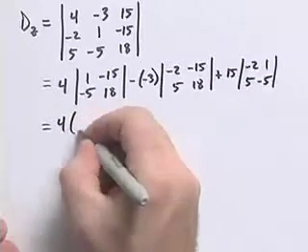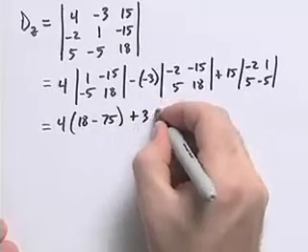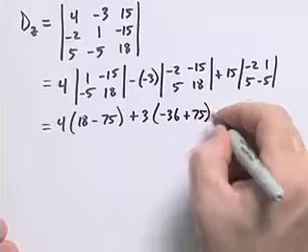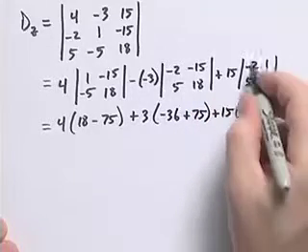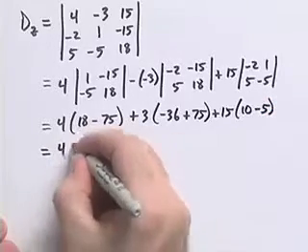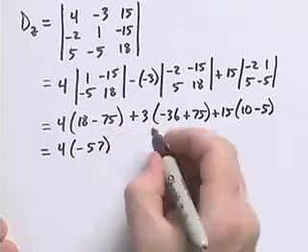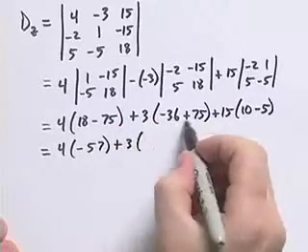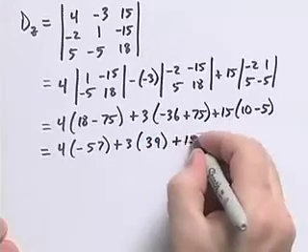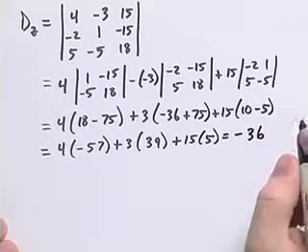So here we'll have 4 times 18 minus 75, plus 3 times negative 36 plus 75, plus 15 times 10 minus 5. That gives us 4 times, now 18 minus 75, it's going to be negative 57, plus 3 times, negative 36 plus 75 will be 39, and then plus 15 times 5. Evaluate that out, we'll get negative 36.